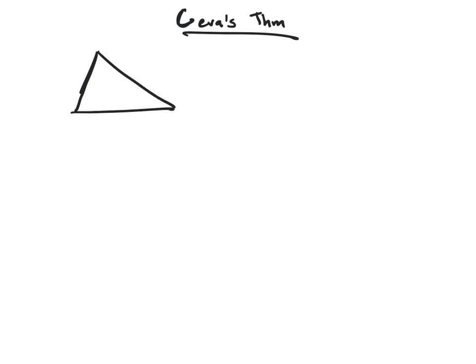Now, the next one we want to talk about is Ceva's theorem. It's spelled with a C. Again, we will do this by thinking about a picture. Let's say we have this triangle A, B, C. Now this time we're looking at three lines that join three points on the three sides.